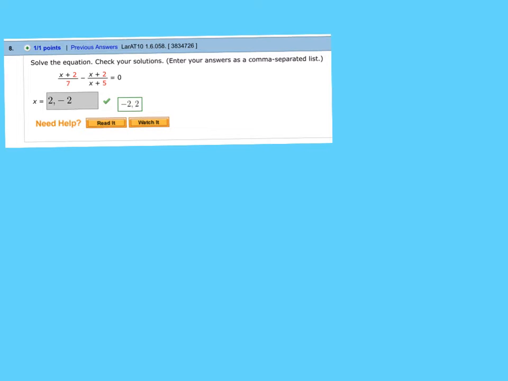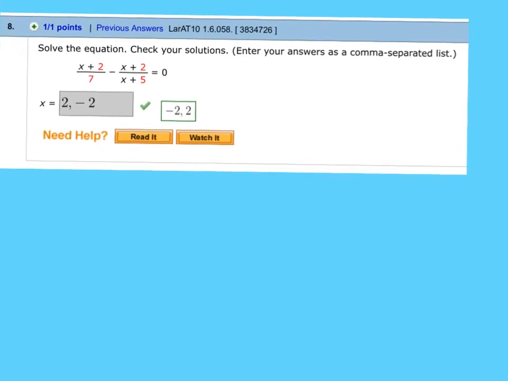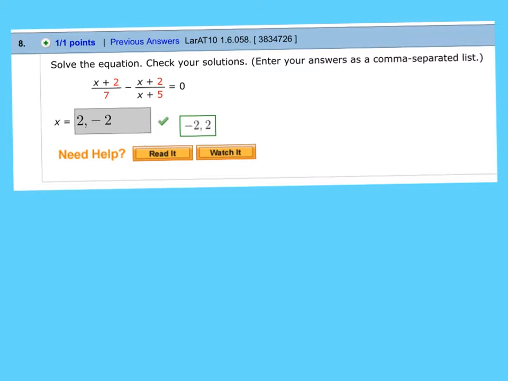Okay, here's some homework questions. This says, solve the equation, check your solutions. For this one, because there's only 2 fractions and one has the equal 0, I would actually move this to the other side. So you'd get x plus 2 over 7 equals x plus 2 over x plus 5, and then cross multiply.